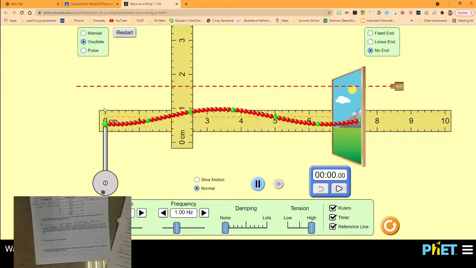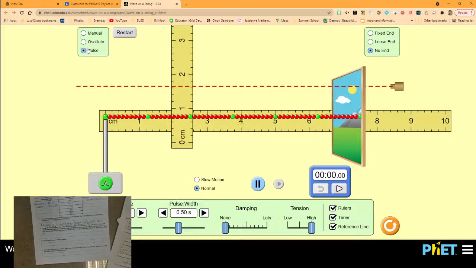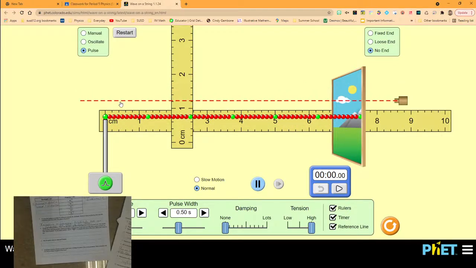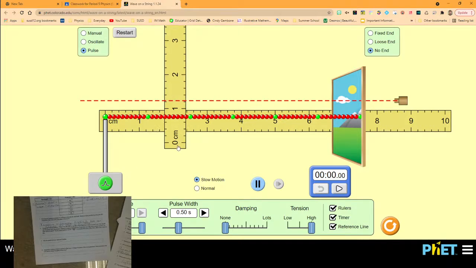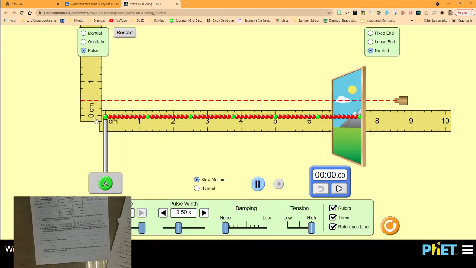Okay, let's change it to pulse. And I want to put my reference line at the top of the pulse. I'm going to move up my amplitude so it's something a little easier to see. And I'm going to do it in slow motion. Okay, help me find the top of this pulse.